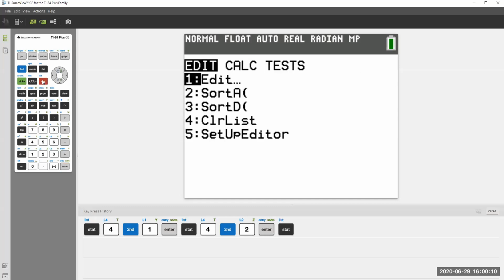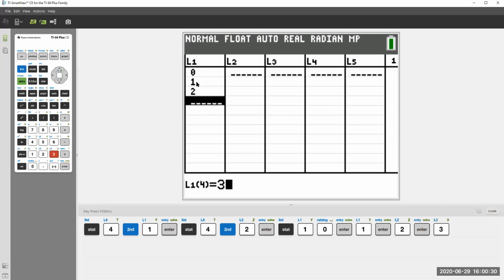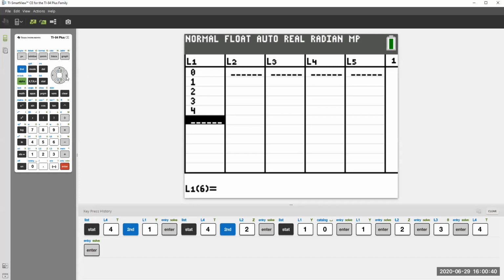Again, stat, press 1, and then we're going to enter our X values in the first list. What are my X values? I have 0, 1, 2, 3, and 4. These are my X values. And then I'm going to move to the next list, L2. I'm going to enter the probabilities of these values.